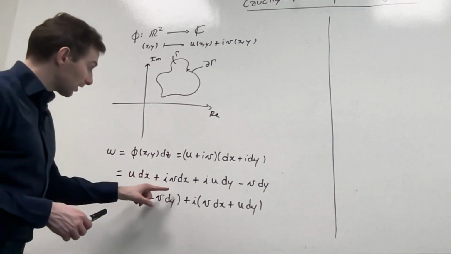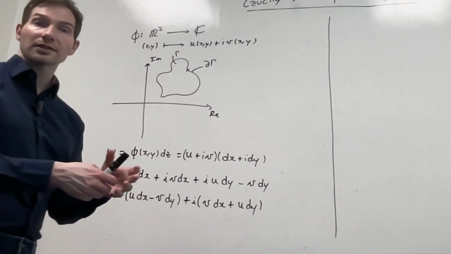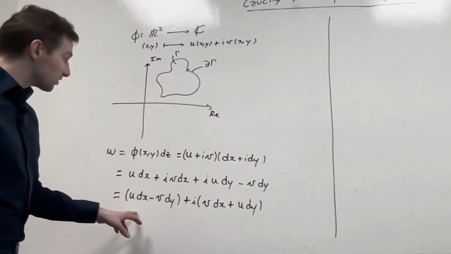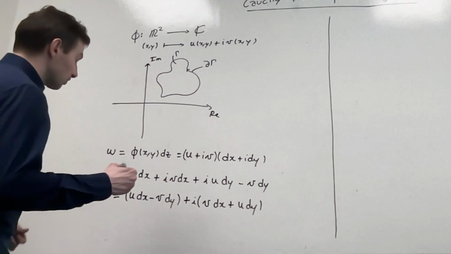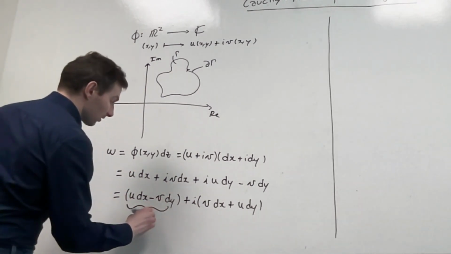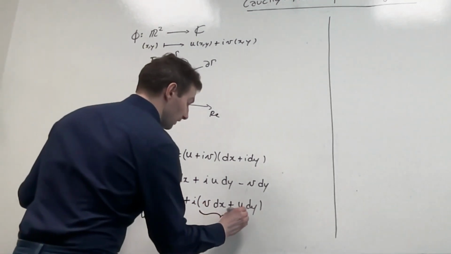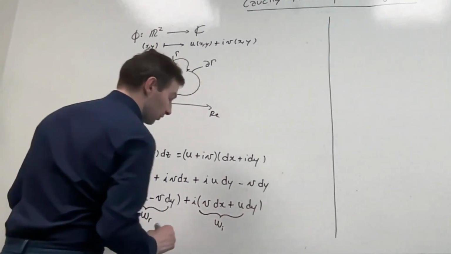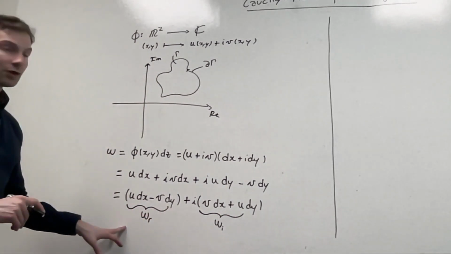And upon doing the calculations with the algebra of complex numbers, especially that i squared is equal to -1, you end up with this particular equation. And essentially what I'm going to do is denote this omega R for the real part of omega, and here omega I for the imaginary part of omega. Okay, so that's what we get.